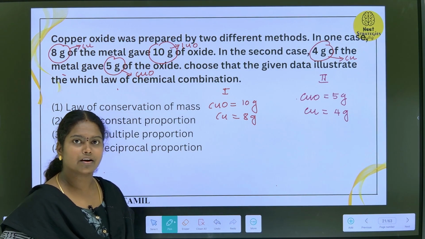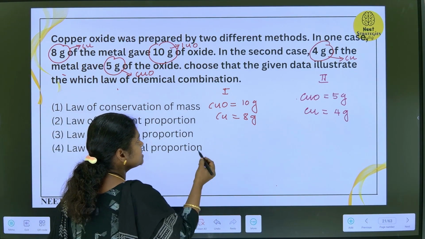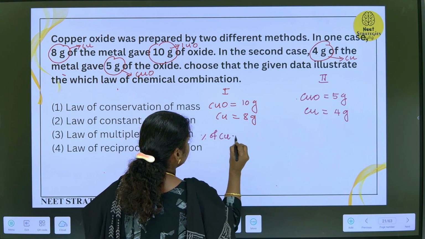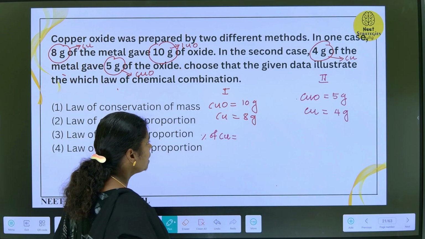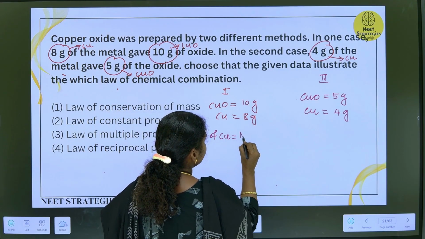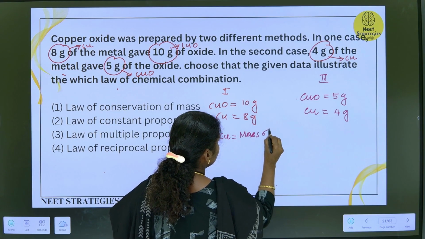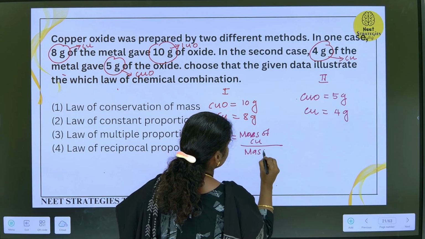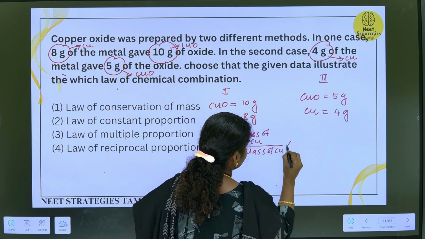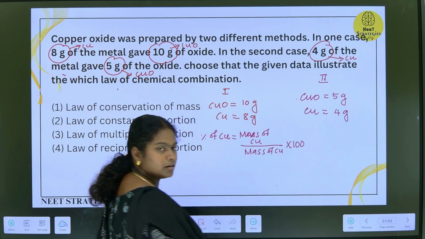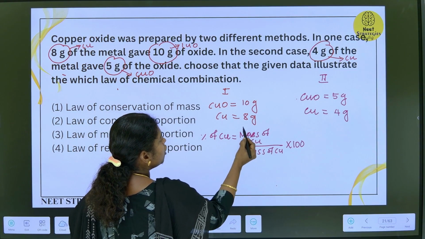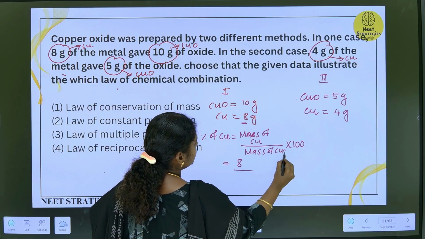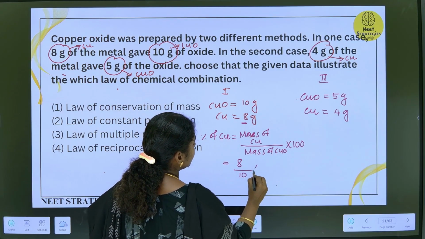Okay, let's use percentage of copper. Percentage of copper equals mass of copper divided by mass of copper oxide, into 100. Mass of copper is 8 gram, mass of copper oxide is 10, into 100.